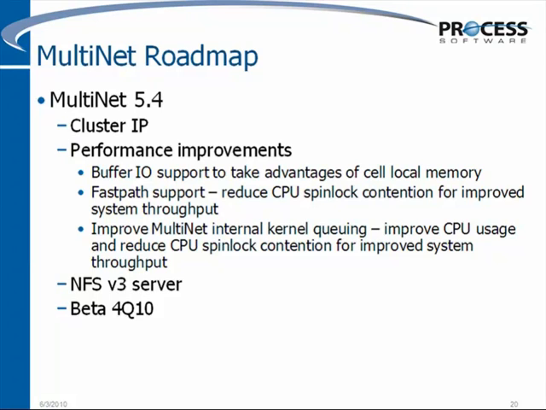It also provides a number of other internal performance benefits for Multinet. Fast path support, which reduces spin lock contention, and also we're going to be investigating an NFS v3 server for Multinet, and we're expecting beta in the fourth quarter of this year.